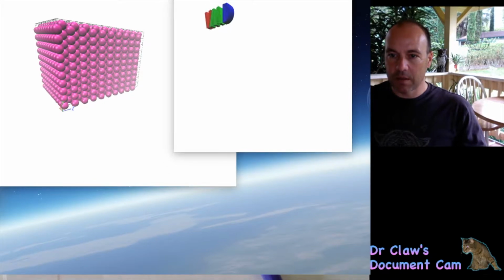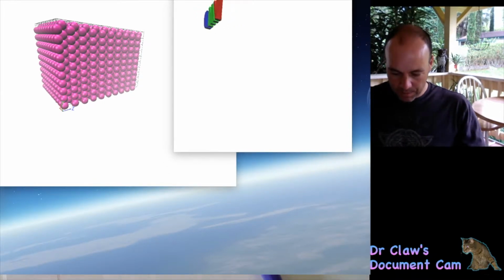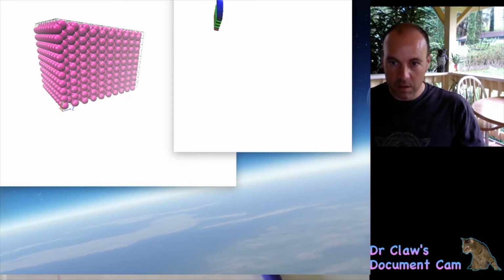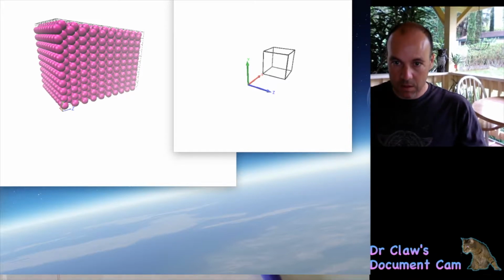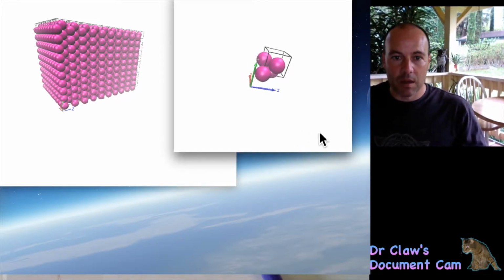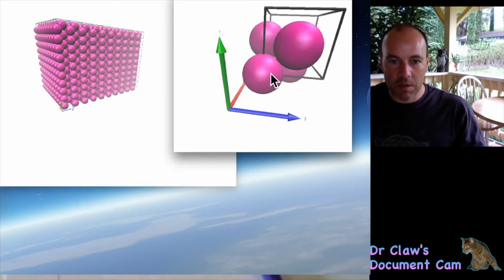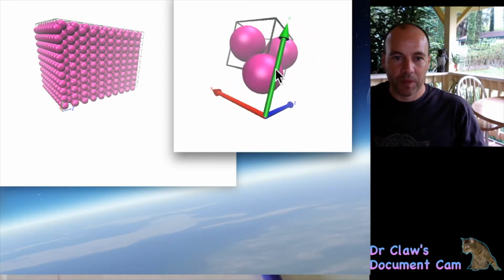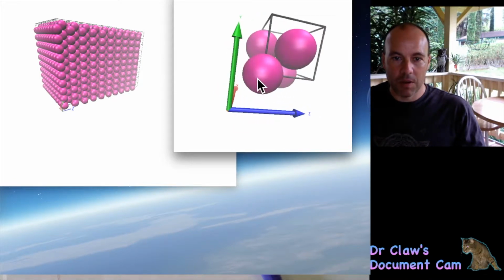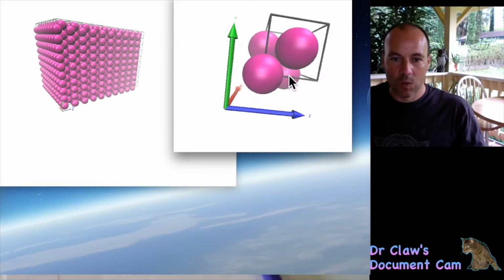And then for the face-centered, what this is is a unit cell that has 4 atoms associated with it. Okay, one is at 0, 0, 0, and then another is at 1/2, 1/2, 0, and then this one is at 1/2, 0, 1/2, and then this one is at 0, 1/2, 1/2.